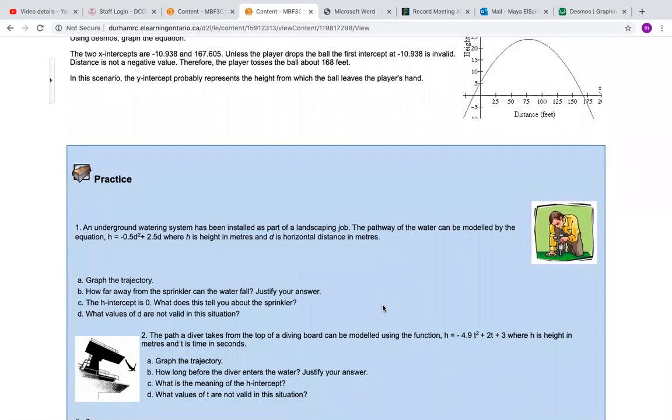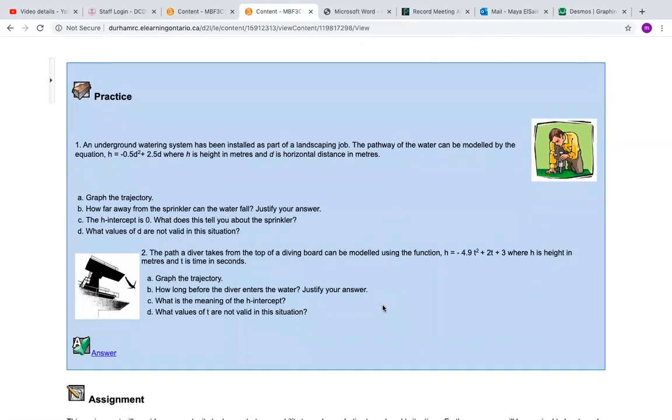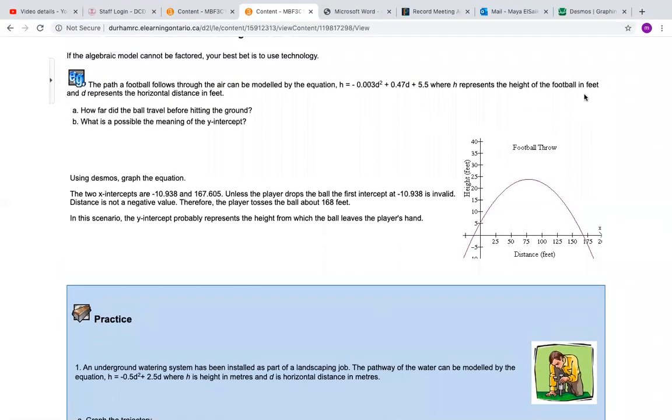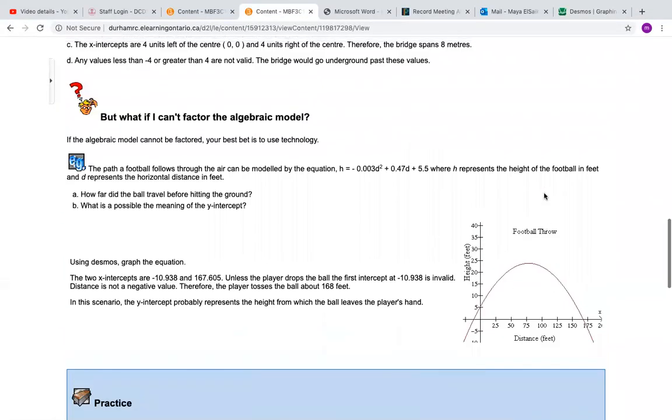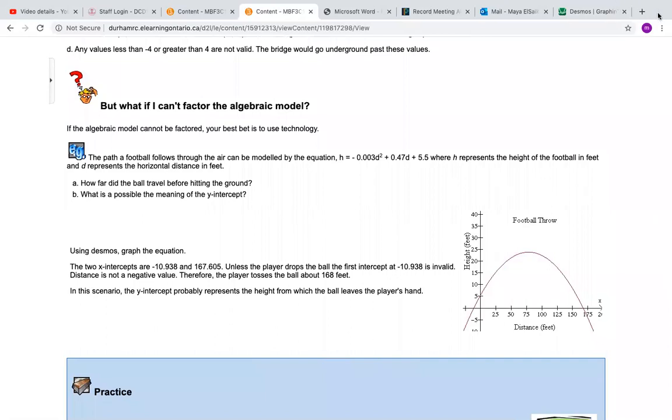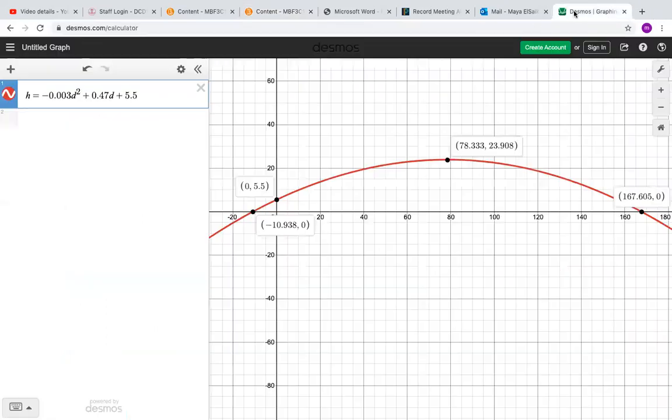Now, what I want you to try first before you try using Desmos is try factoring and see if you can factor. You can use Desmos to see if you can factor. So you see here, when I used Desmos, it was clear that I can't factor because look at my zeros. My x-intercepts have decimals. And if they have so many decimals like this, then for sure I can't factor.